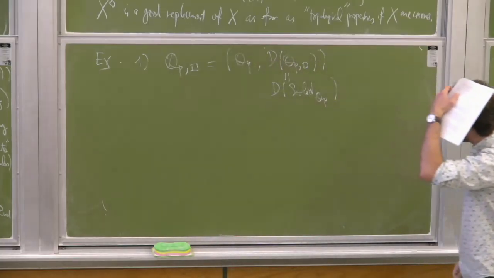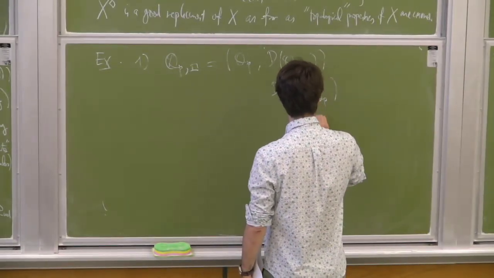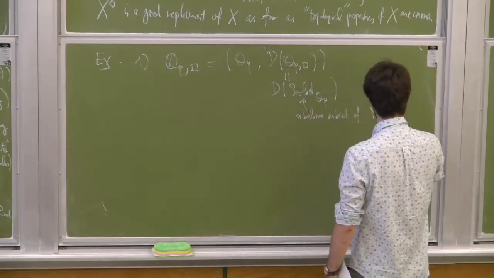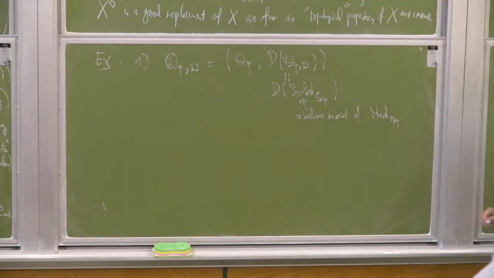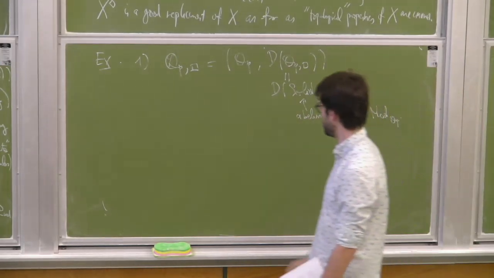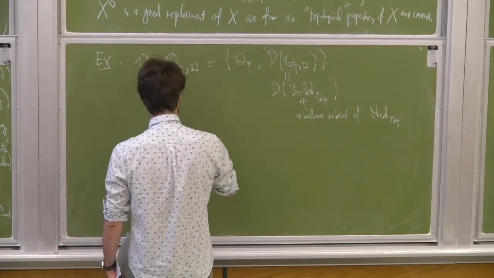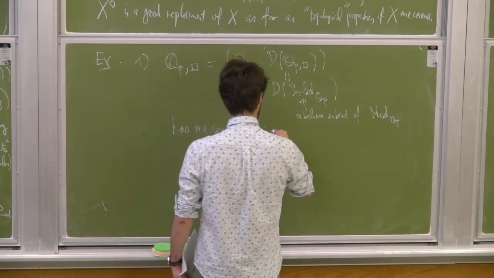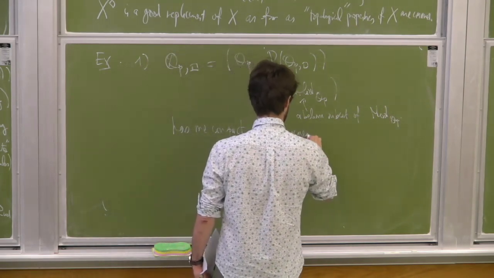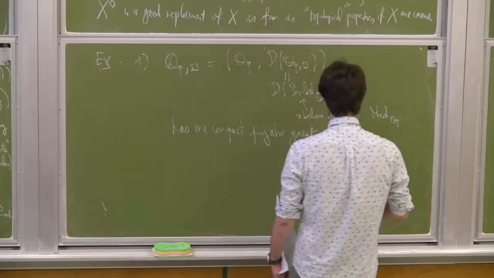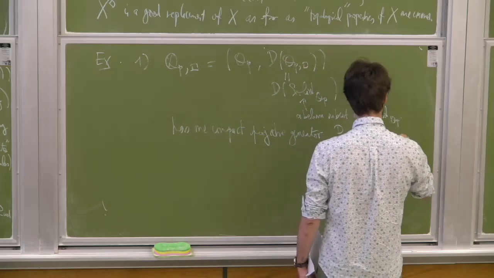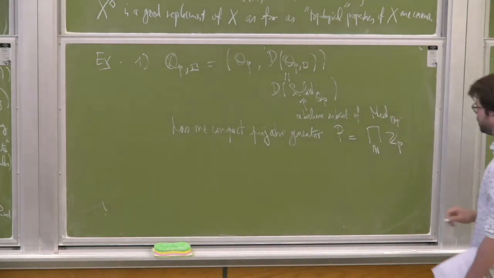In this case, it happens to be a derived category of some abelian subcategory of the category of modules over the condensed ring Q_p. And it has one compact projective generator, which we'll call P. It's a countable product of copies of Z_p.